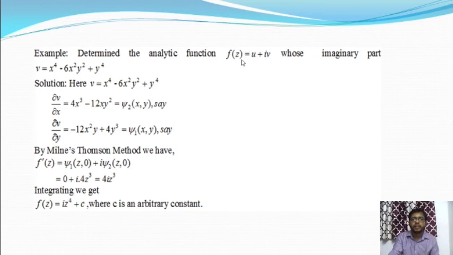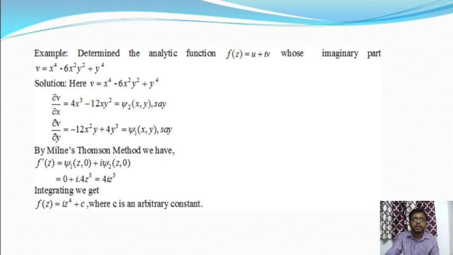Determine the analytic function f of z where v is given. Here v is equal to x to the power 4 minus 6x square y square plus y to the power 4. From this we find the partial derivatives with respect to x and y. The partial derivative with respect to x is 4x cube minus 12xy square, say phi 2 of x comma y.